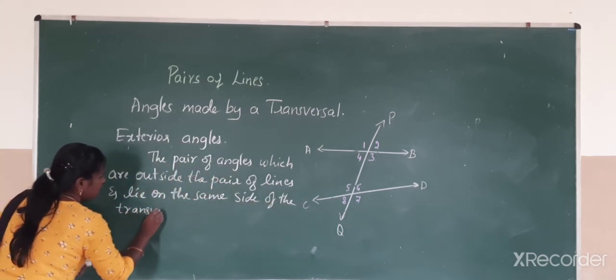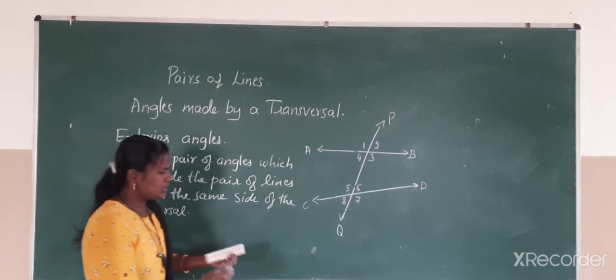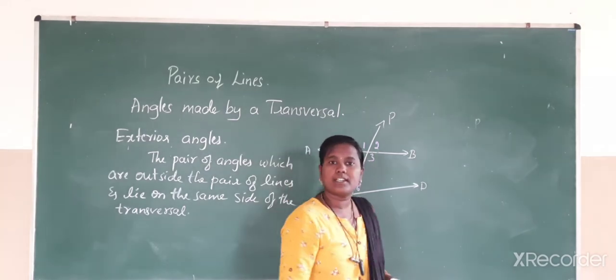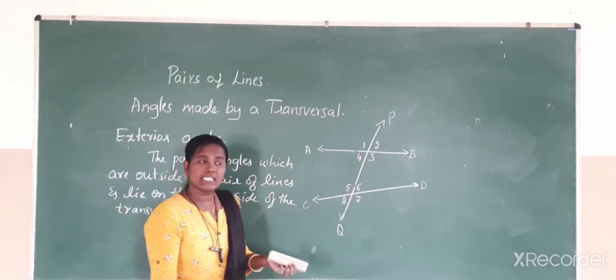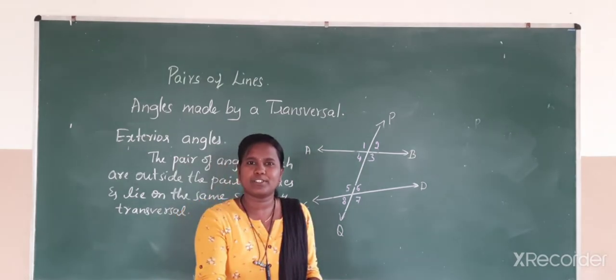They lie on the same side of the transversal. Yes, what is this? Same side of the transversal. Same side means it may be on the right or it may be on the left.